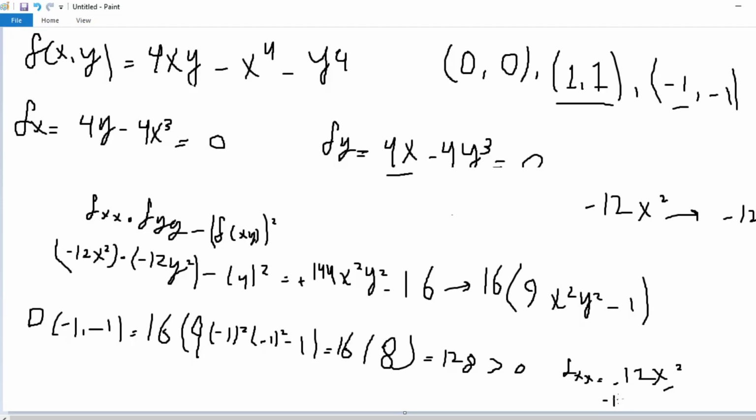It's negative 12 times negative 1 squared, so the final answer for f double x is negative 12. It's the same value as before, so there is also a local maximum. And if you find f(negative 1, negative 1), you can see that the answer is also positive 2. And this is the final answer for this solution.